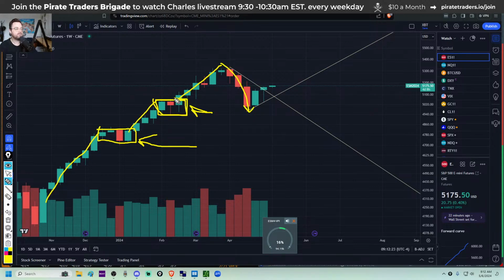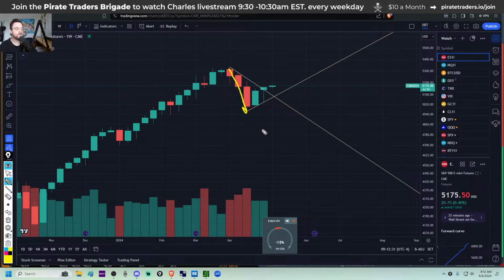It used price and it pulled back into this previous balance area. Well, now it would appear that that momentum to the downside on the weekly is over. And so that actually increases the odds that the market is going to turn around and head back up towards all-time highs.